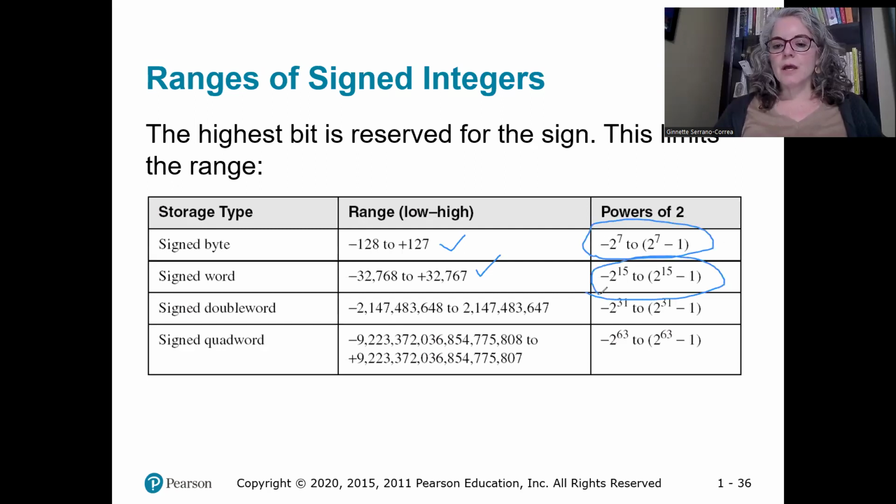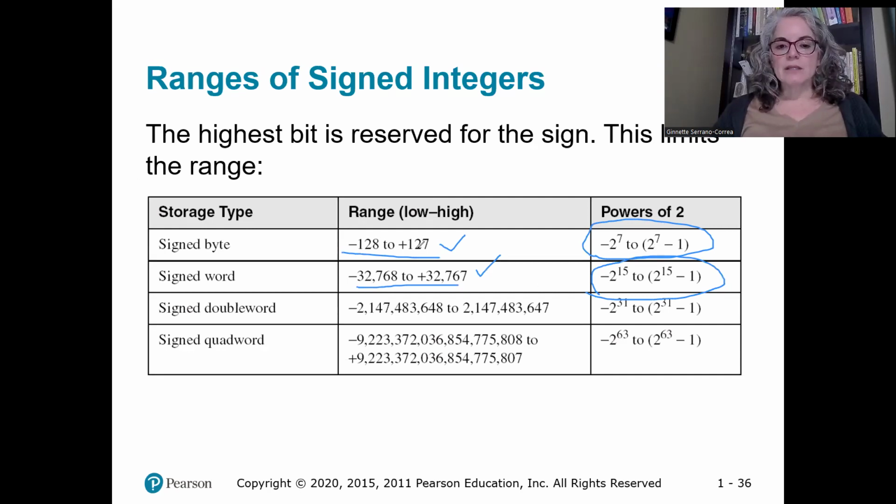So go through, get a calculator, and do negative 2 to the power 7, which is negative 2 times negative 2 times negative 2, so you have 7 negative 2's. And then do 2 to the power 7 minus 1. And this is the range that you'll get. So check those out. Those are the ranges.